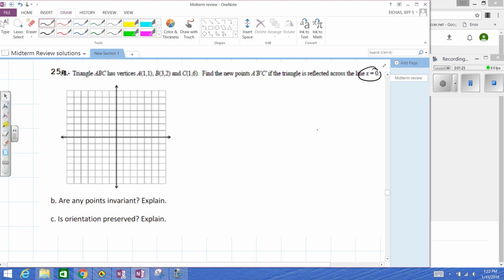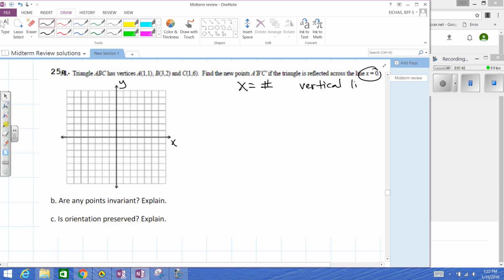This is interesting. The line x equals 0 has stumped a few of us on past tests and quizzes. The line x equals 0 is not the x-axis. It's actually the y-axis. X equals a number gives vertical lines.